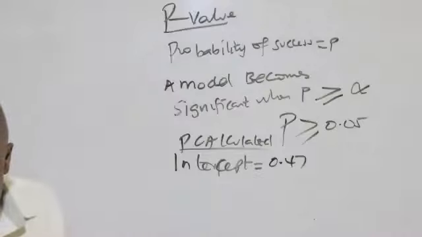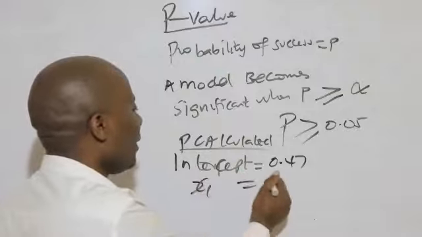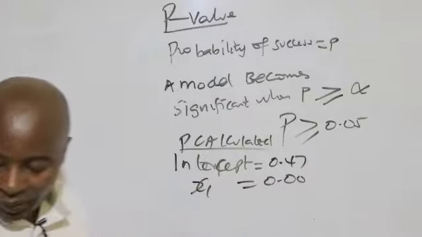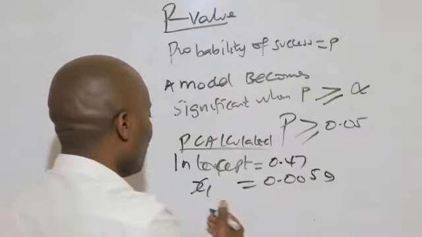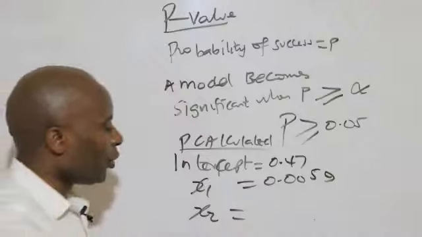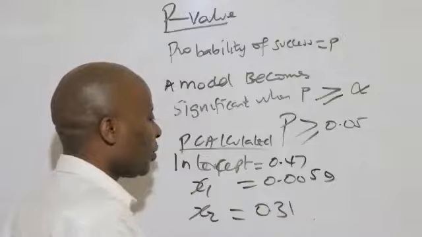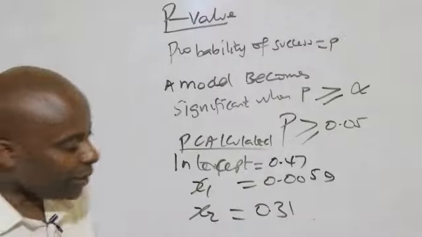Next one, which is x1, is 0.00. Very useless one. 0.0059. X2, which is a size, I can see 0.31, whichever.